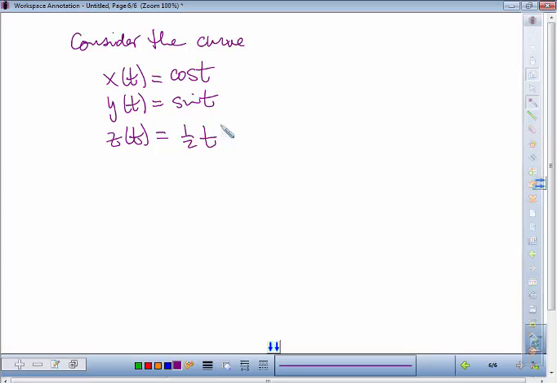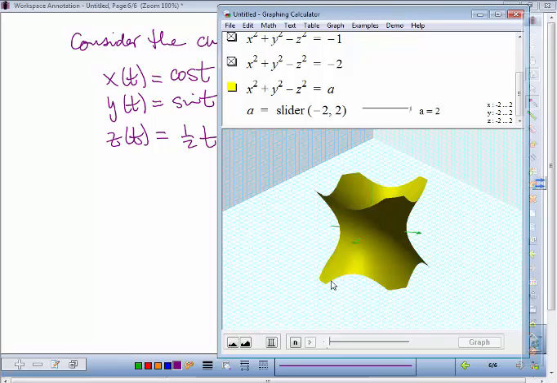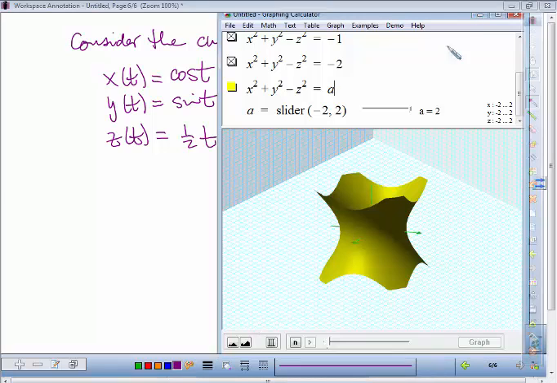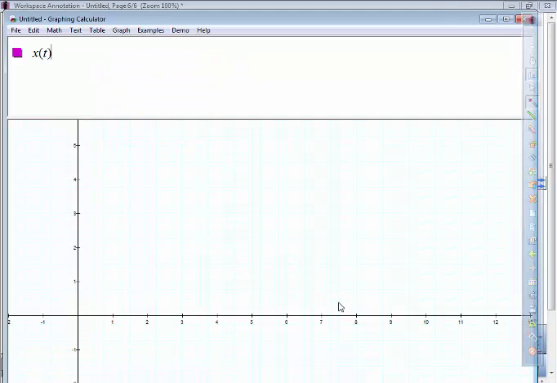Close. The staircases? I have too many things open here.